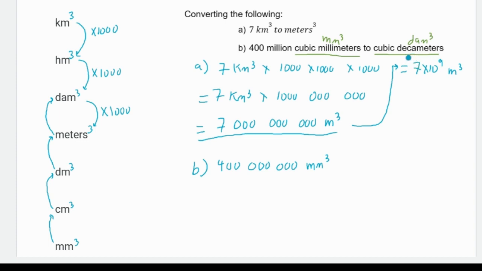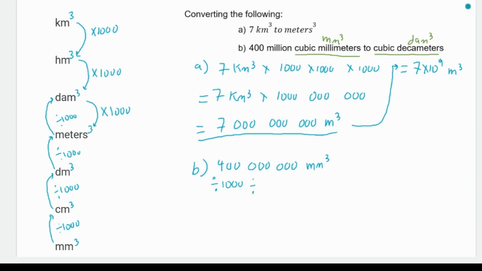It's really easy, decameters and decimeters look very similar. So just pay attention that it did say decameters so you don't lose points for accidentally reading the wrong unit. Now because we're going from a smaller unit to a larger unit, I'm going to divide by 1,000 for each step: once, twice, 3 times, 4 times.